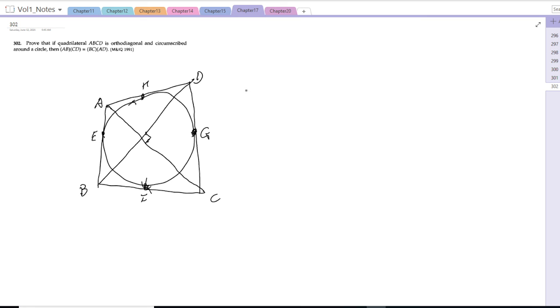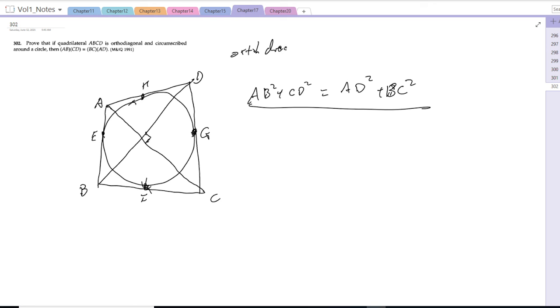Okay, if orthodiagonal, still remember in the quadrilateral, we mean AB squared plus CD squared is equal to AD squared plus BC squared. Okay, so from the orthodiagonal, we can have this. So this is known, right? Okay, then the next one is we want to prove AB times CD is equal to AD times BC, right?